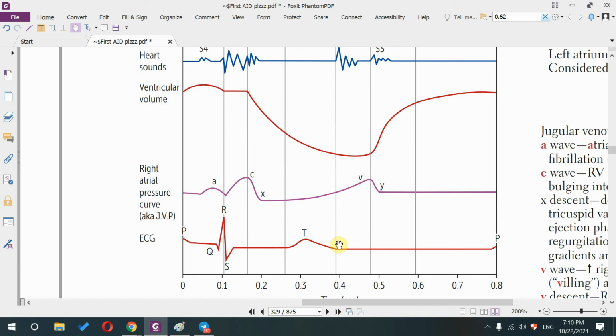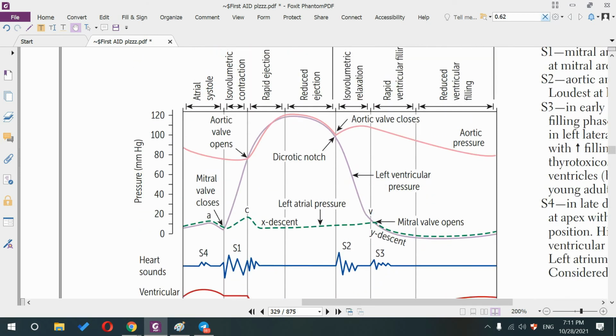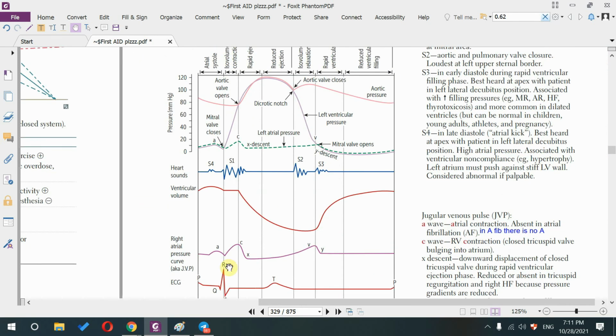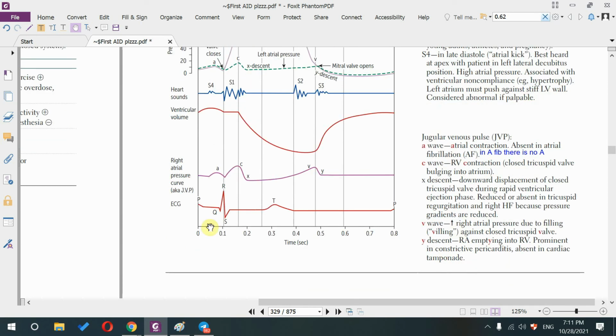I cannot see a wave for it. Well, yeah, you cannot see it because it's hiding inside of the QRS complex. Because the period where the atrial relaxation actually occurred was during the formation of the QRS complex. So you could not see it. That's why. Because it occurred immediately after the atrial systole. Yeah? So it's hiding somewhere inside of the QRS complex. That's why you cannot see it.